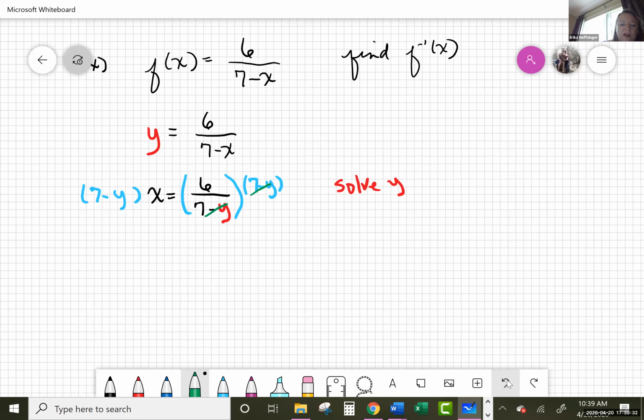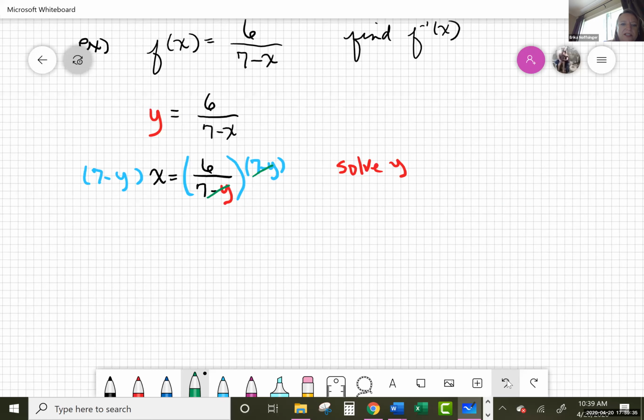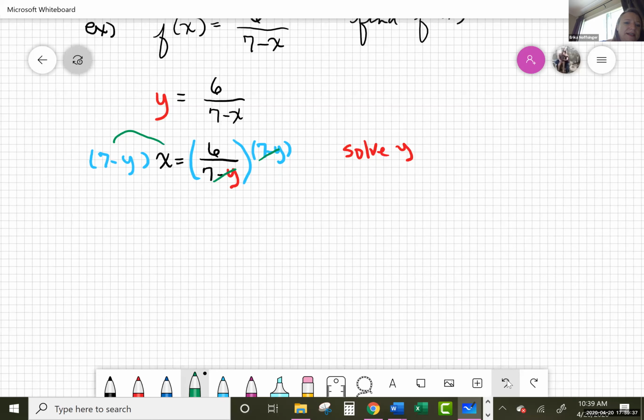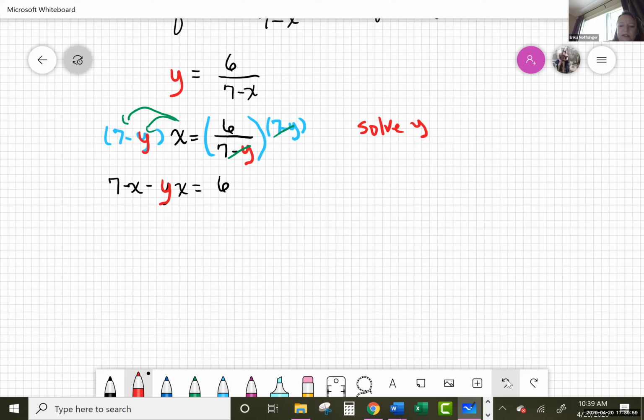And I want to distribute my x on the left-hand side. So here we get 7x minus yx is equal to 6.